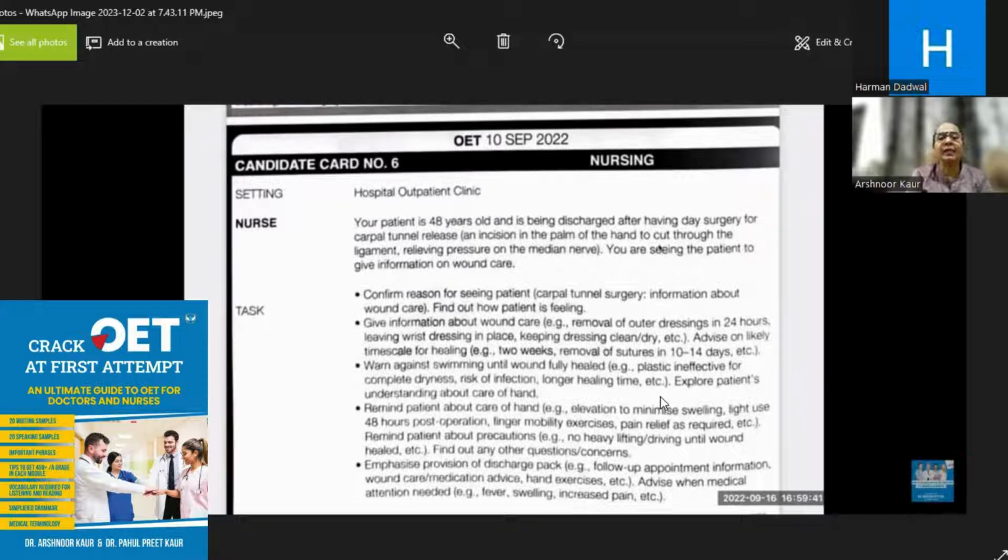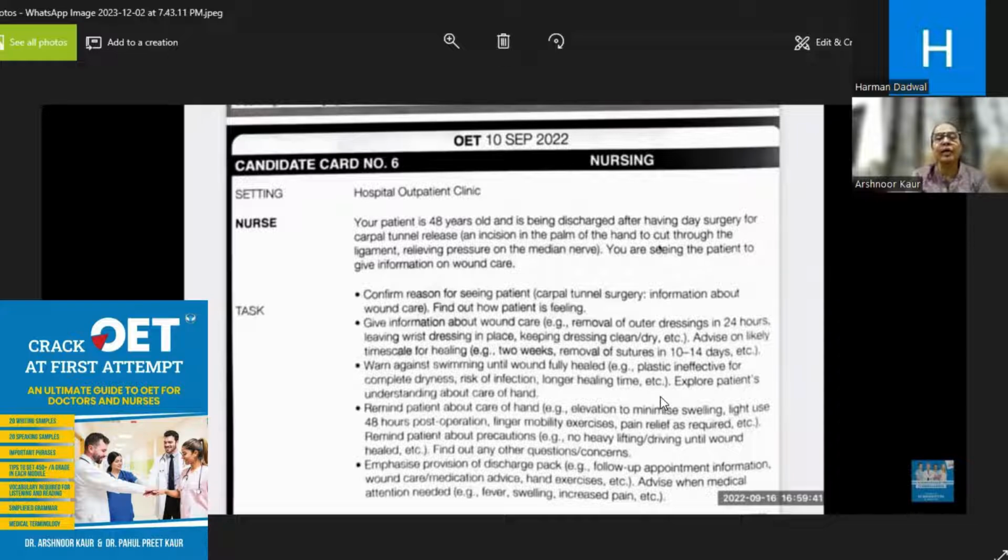Secondly, the nurse has to strictly warn him regarding some important instructions, like he should not wet his hand, and avoid water activities like swimming, because it is not that you will wear plastic gloves or something and expect it to be clean and dry. No. Once it is wet, there are chances of infection in the wound.